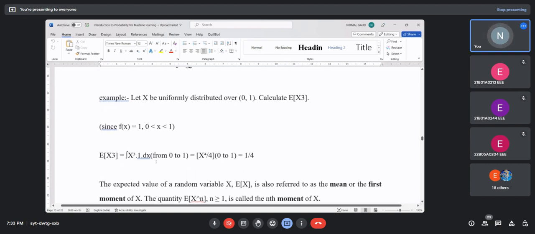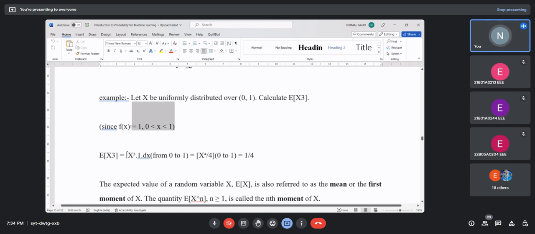Here you know that this function, the uniform density, has the value 1 if the values are between 0 and 1, and otherwise the result is 0.